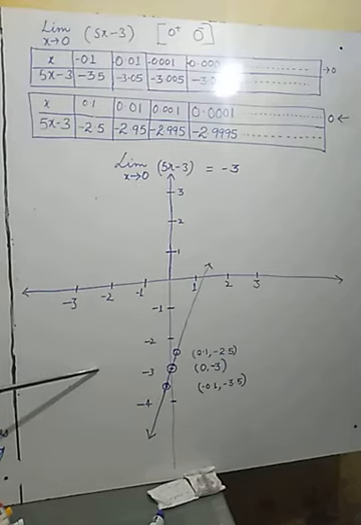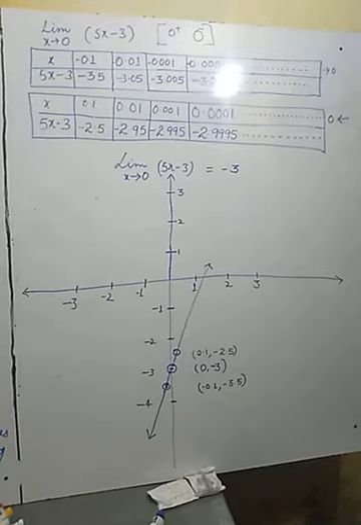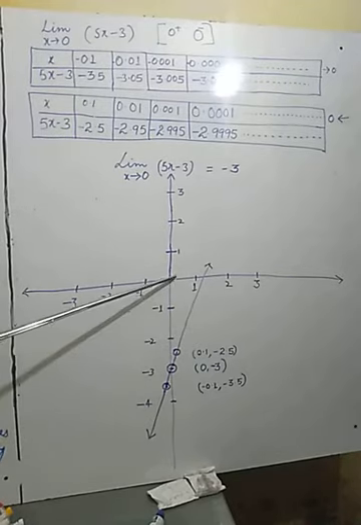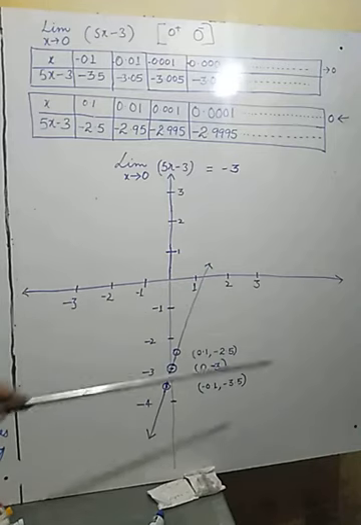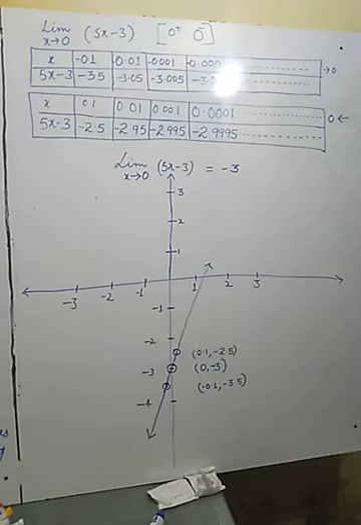Here both the values of x and y are negative. Here in this quadrant, the value of x is positive, but the value of y is negative. So the signs of this one are positive, negative. Here positive, positive. Here negative, negative. Here negative, positive. Here positive, negative.